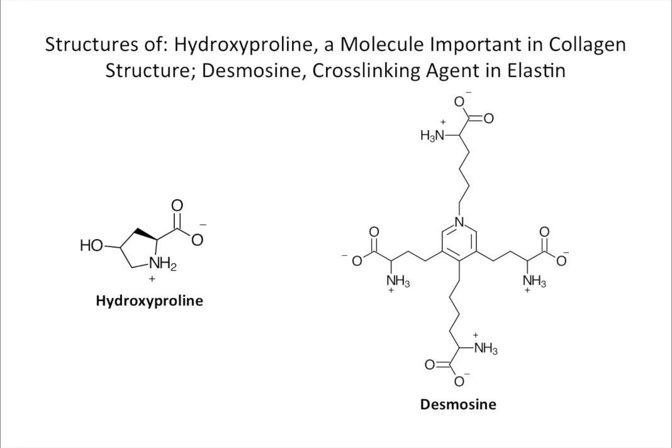Collagen is made up of three principal amino acids: glycine, proline, and hydroxyproline. Here we have the structure of hydroxyproline. You already saw the structure of proline. Essentially, hydroxyproline just has a hydroxyl group that's attached to this 5-membered ring here.